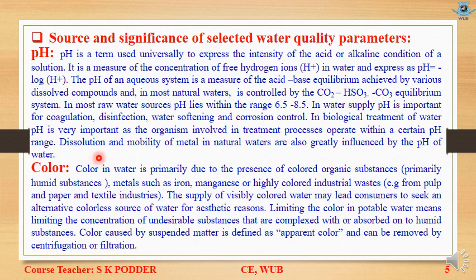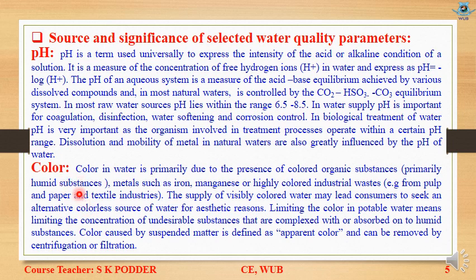So, you should know about the pH for our drinking standard according to the environmental conservation rule. Our country defines the range from 6.5 to 8.5 for pH for drinking purposes.